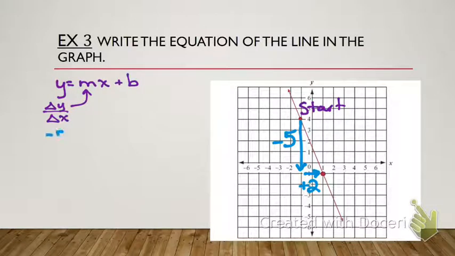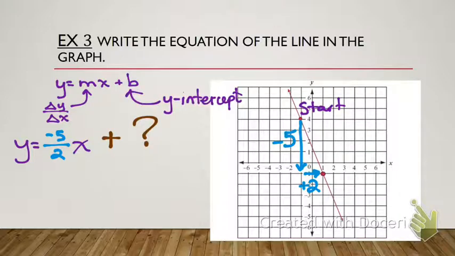So I fell 5 and moved to the right 2. So our equation, that fraction's not going to reduce. We've got to figure out to the best of our ability where that magic number lies. We've got a speculation of 1.5, but what we're going to do is check it.